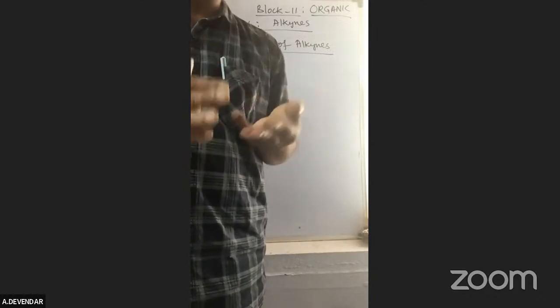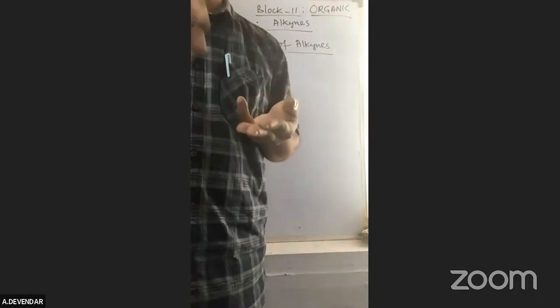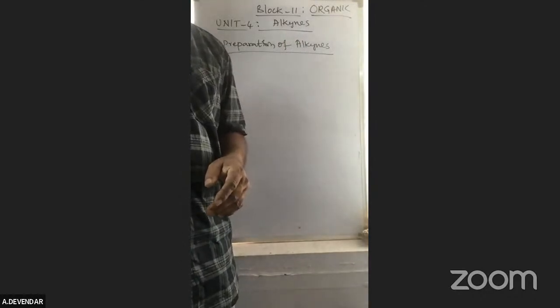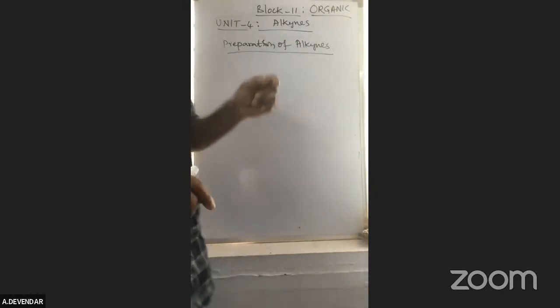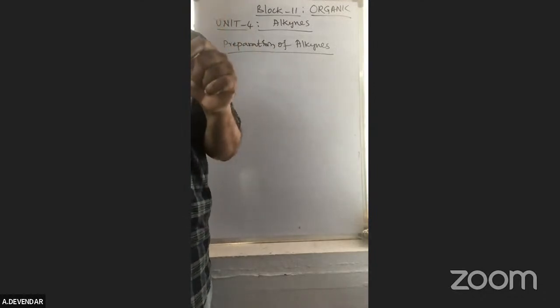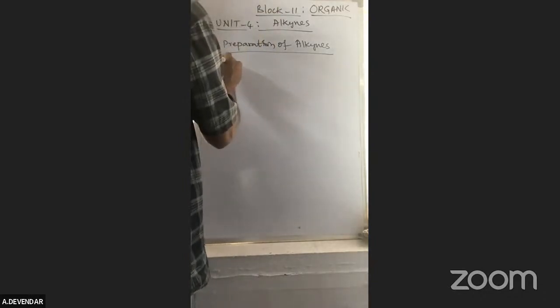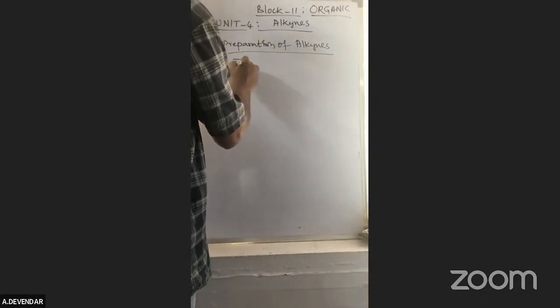Then only it is suitable for an essay type question. For a 5 marks question, 2 preparations, or even one, is enough. So the preparations of the alkynes, first I am using the industrial method.